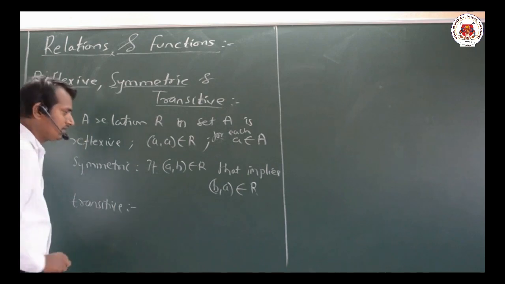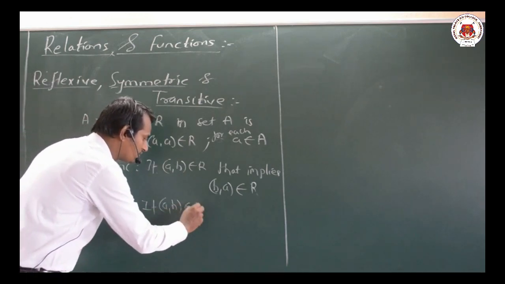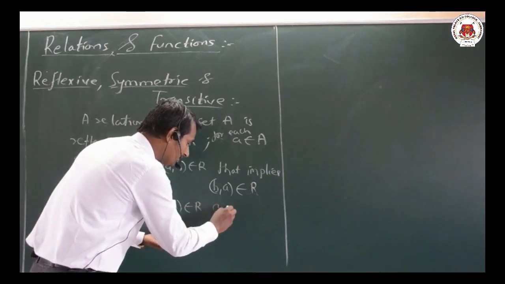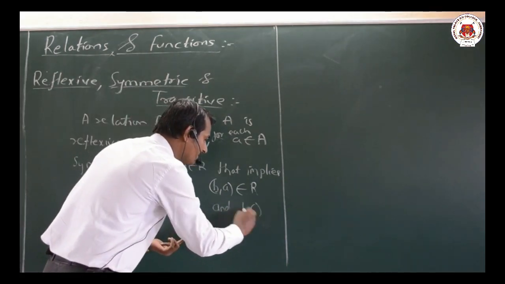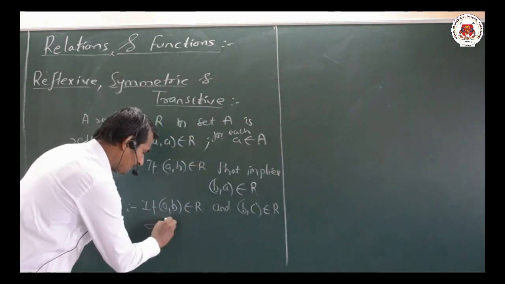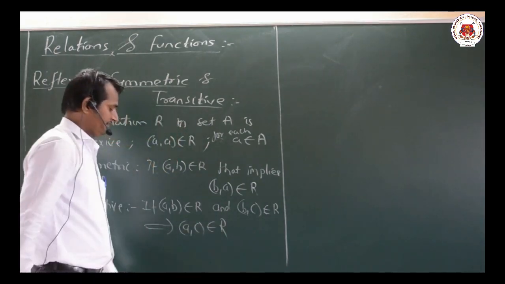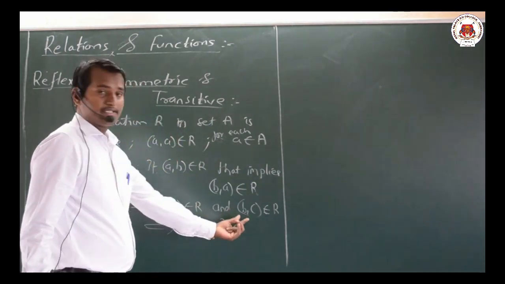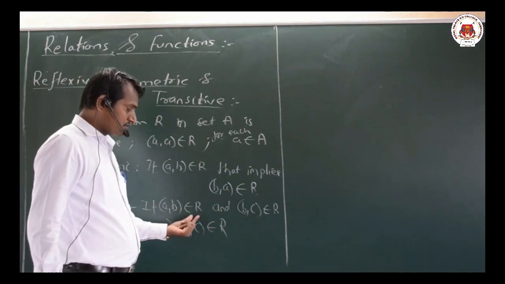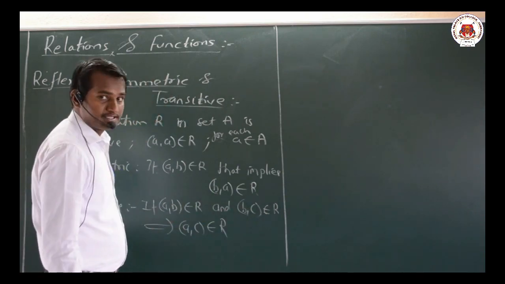Transitive is what? If (a, b) belongs to R, and it is a very important thing, (b, c) also belongs to R, that implies (a, c) should also belong to R. Here both the conditions should be satisfied, that is (a, b) belongs to R and (b, c) belongs to R, then only we can check for transitive.